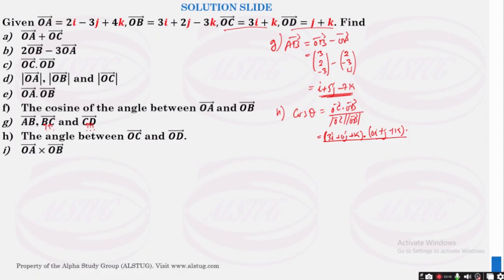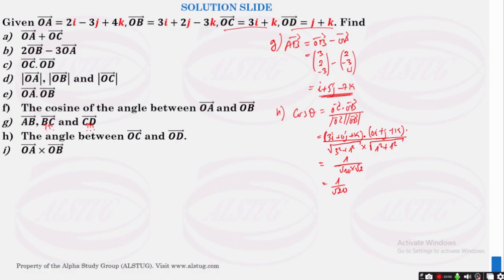Magnitude of OC will be root of 3 squared plus 1 squared, times magnitude of OD, root of 1 squared plus 1 squared. This will give us 1 on root 10 times root 2, which is practically root 20.